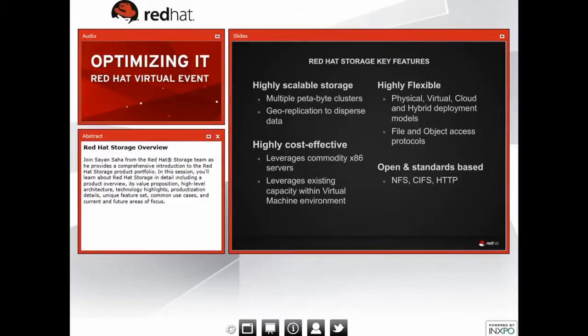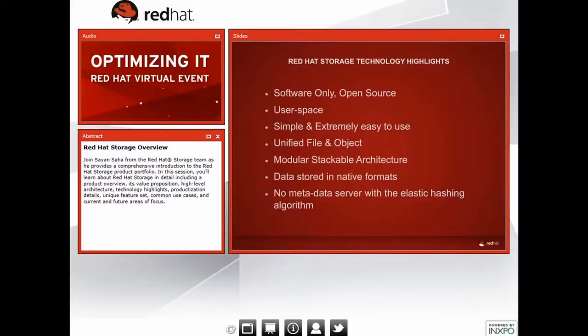Let's go to the next chart here, where we talk about some of the key technology highlights of the solution. As I've already stressed, the solution that we sell is software only and open source. Red Hat is a software company, an infrastructure software company, and this is not against that. It's software only and open source, which makes it very flexible.